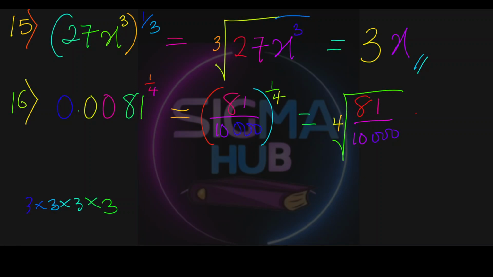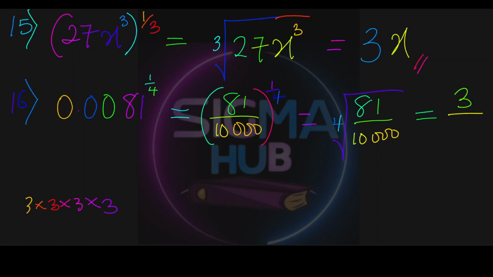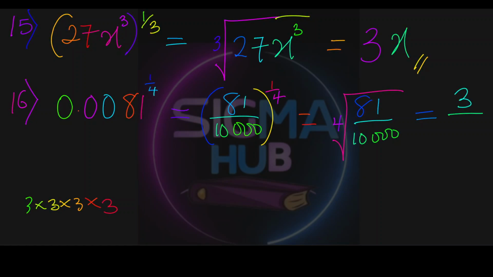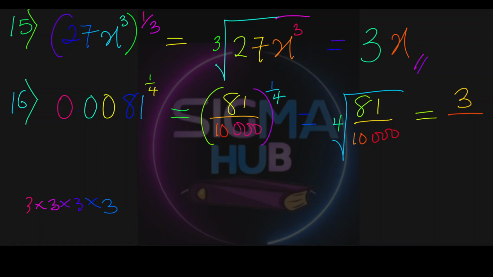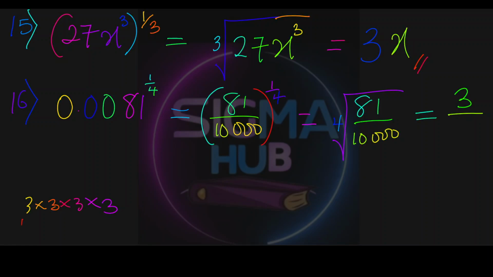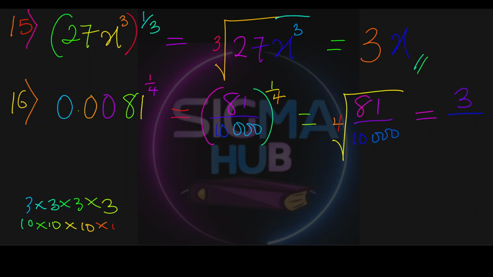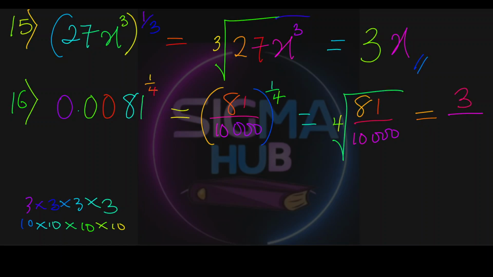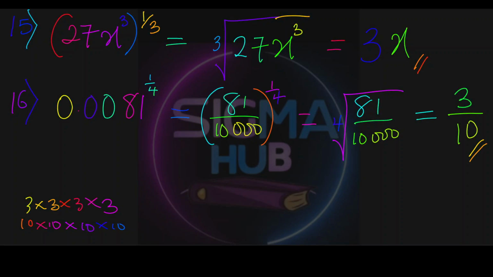So the final answer here is going to be 3 over the fourth root of 10,000, which is 10. That is, when you multiply 10 in 4 places, because the root is the fourth root, it's going to give you 10,000. 10 times 10, 10 times 10. So do the workings, it's going to give you 10,000. So 3 over 10 is the final answer.